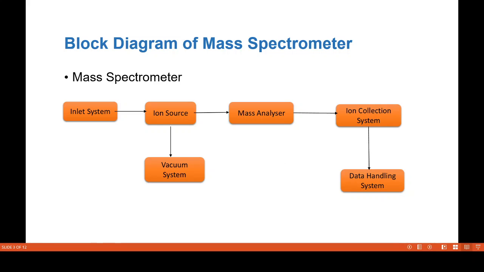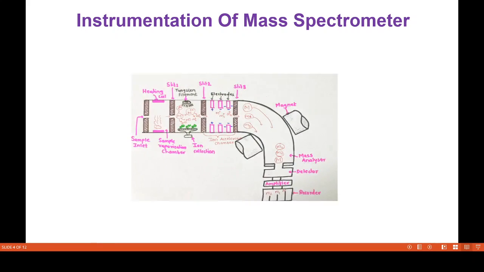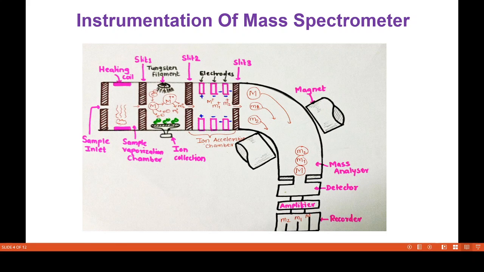In the next slide, we will see the instrumentation of mass spectrometer. This is the figure for the mass spectrometer. In this figure, this is the sample inlet. This chamber is nothing but the sample evaporation chamber. Here two heating coils are there. Then the next chamber is called the ionization chamber.